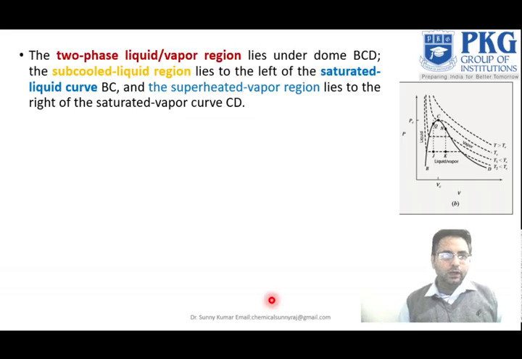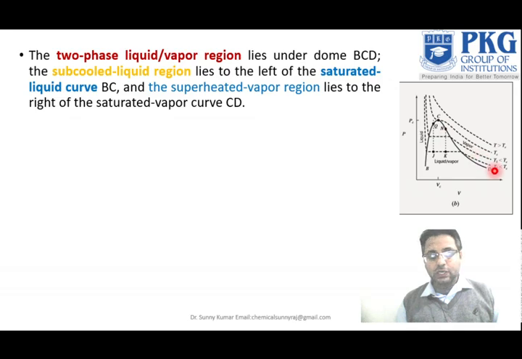The two-phase liquid-vapor region lies under the dome BCD. This is D here. The subcooled region lies to the left of the saturated liquid curve, B to C, and the superheated vapor region lies to the right of the saturated vapor curve, which is CD.